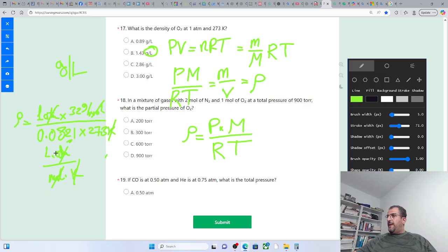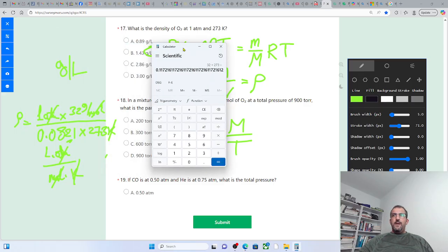Okay, let's do now the calculations using the calculator. I have now 32, the molecular weight for the oxygen, divided by 0.0821.